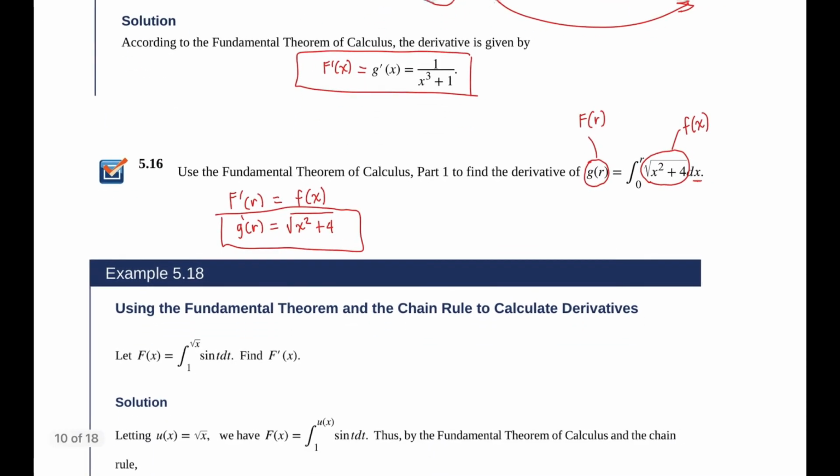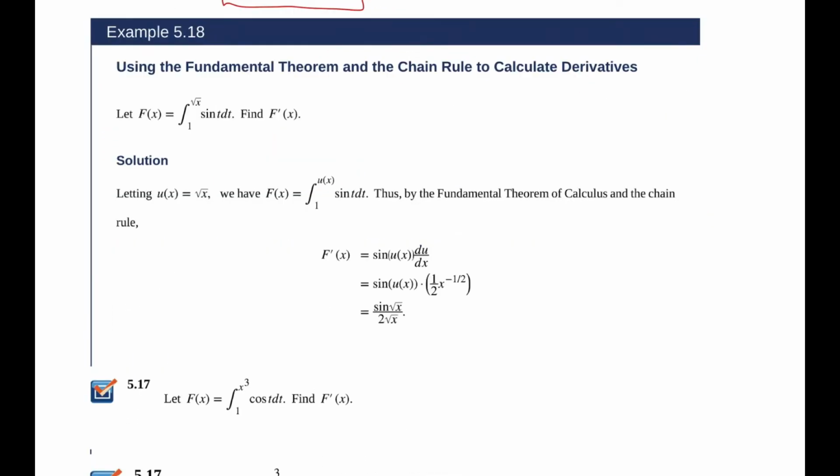So this is it. Okay, so the next example is not as easy as the previous examples because the upper bound is a function. It is a function of x. So that's why we have the chain rule. Again, what is the chain rule?